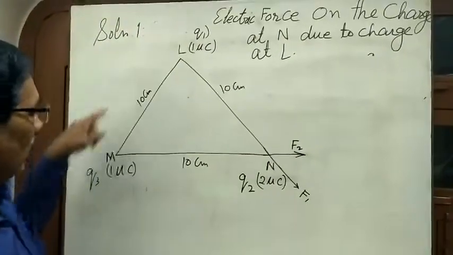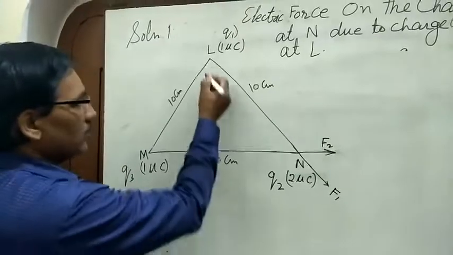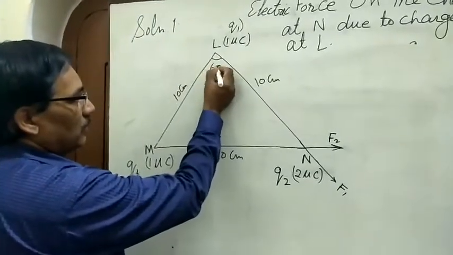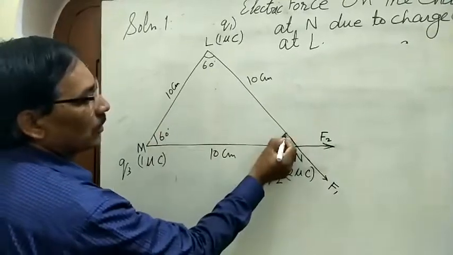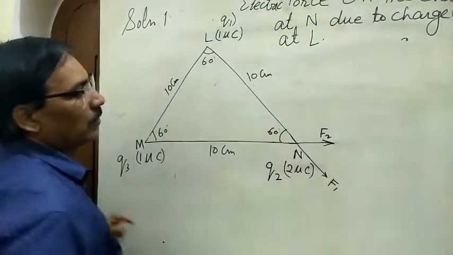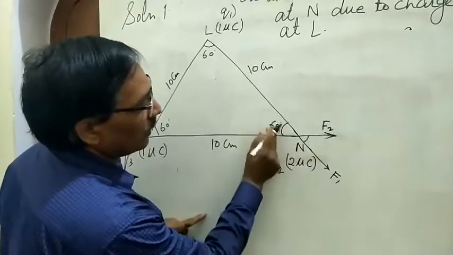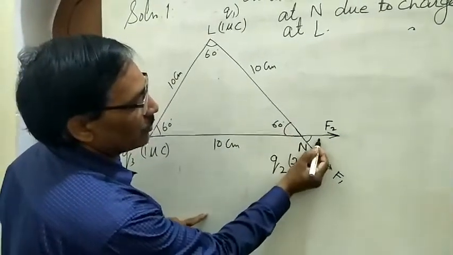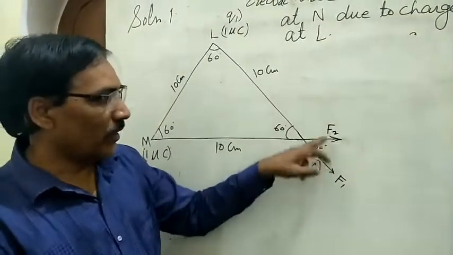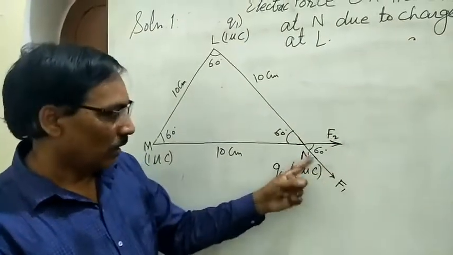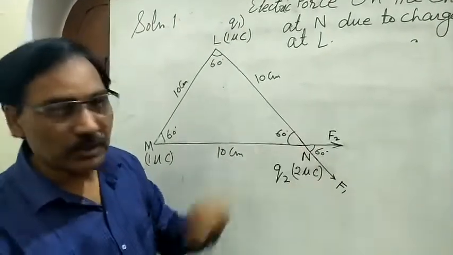Since LMN is an equilateral triangle, the angles will be 60 degree each. And this one is a vertically opposite angle, so this angle will also be 60 degree. Now we have two forces, F1 and F2, acting at point N at an angle of 60 degree.